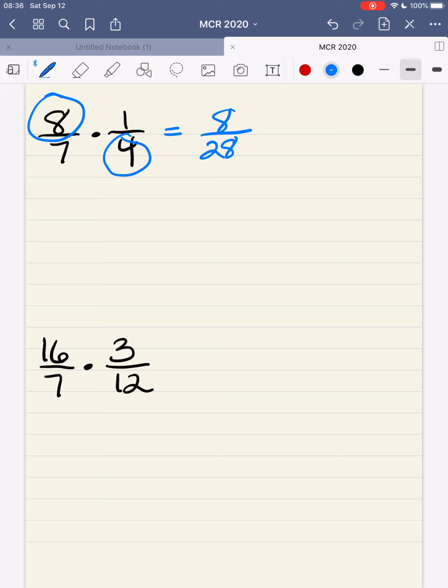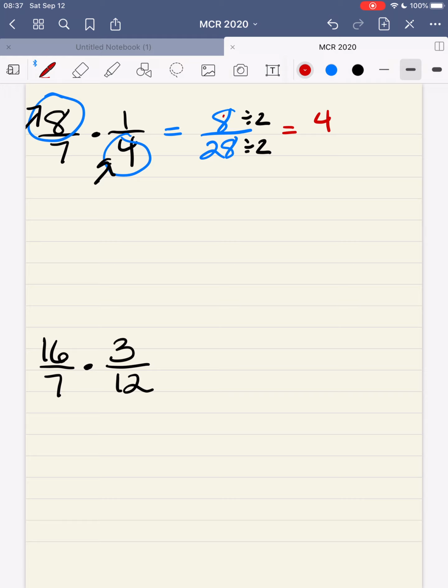And I could simplify this fraction here. I can either start with dividing by 2, or I can divide by 4. Now I can tell from here that it's divisible by 4. But let's say I decided to divide top and bottom by 2. I didn't see 4.